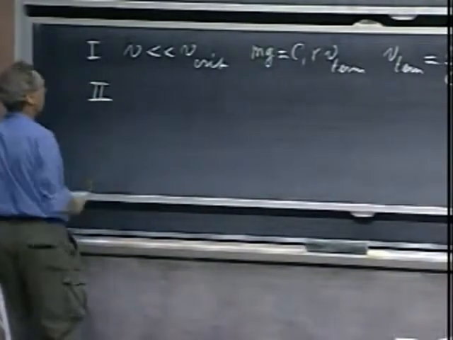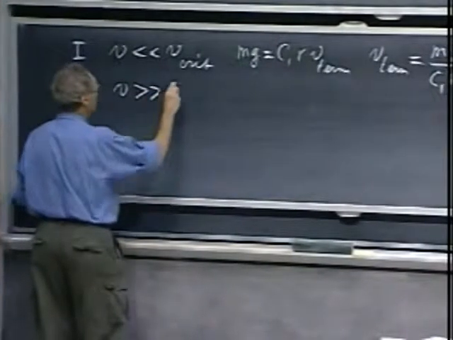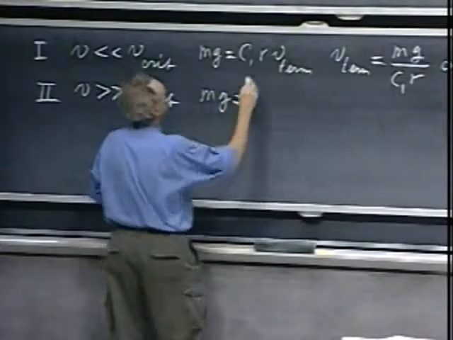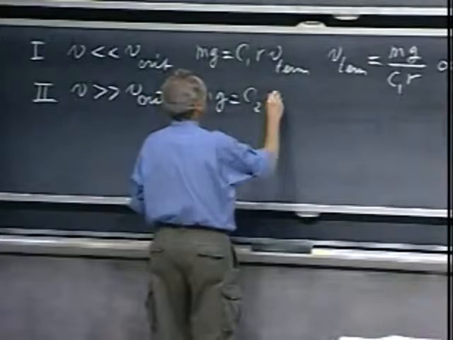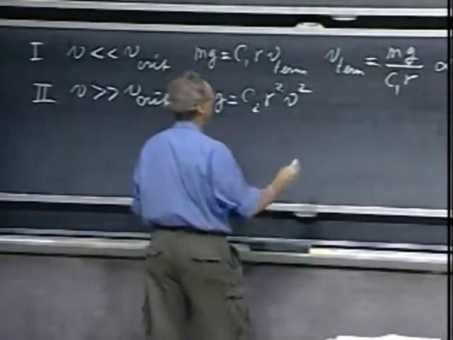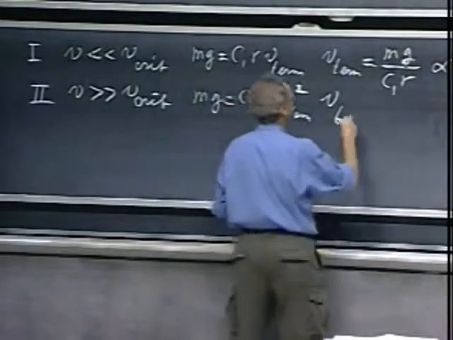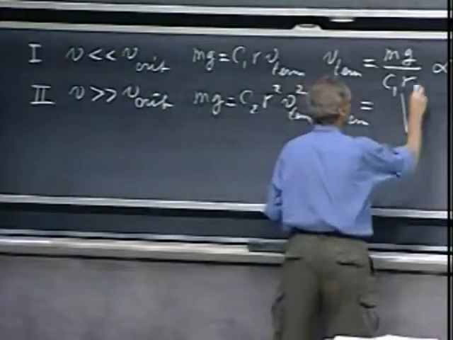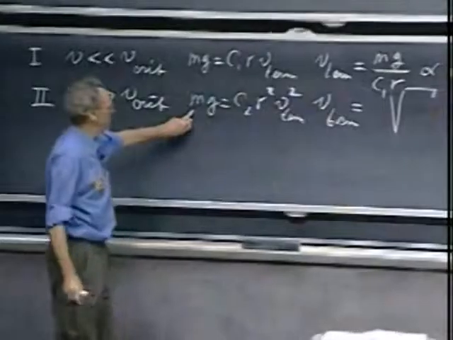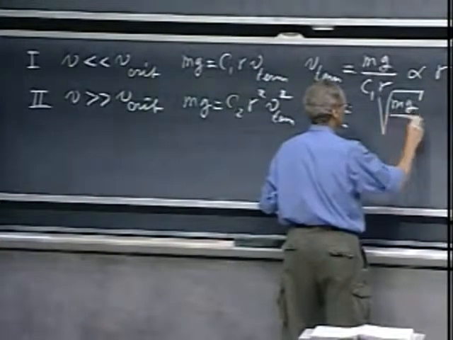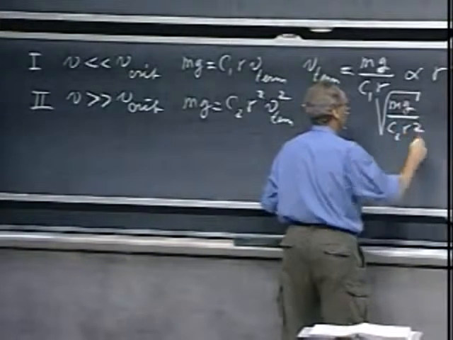Regime 2 is the case when v is much larger than v critical. So then mg equals c2 r squared v squared. This is the terminal velocity. So the terminal velocity is then the square root of mg divided by c2 r squared.